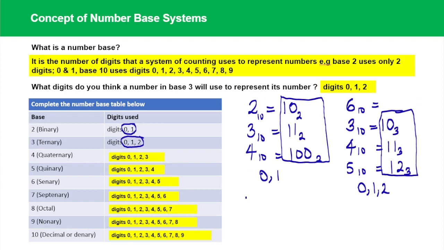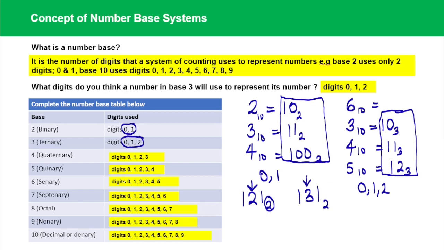The implication of this is that it would be wrong to have this type of number in base 2. Why? Because 2 cannot be part of the digits that make a base 2 number. Also, 2 as a digit cannot be equal to the base. Similarly, it would be wrong to have 131 base 2. Why?